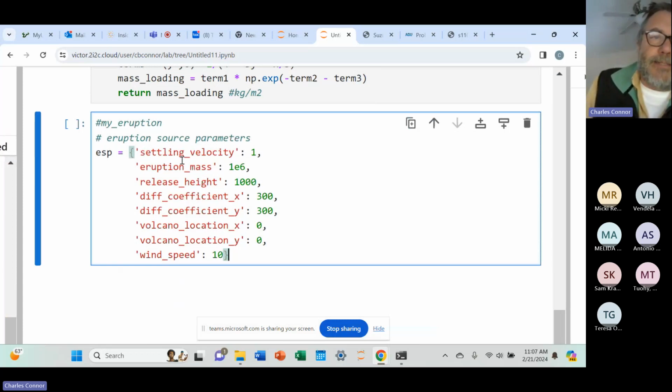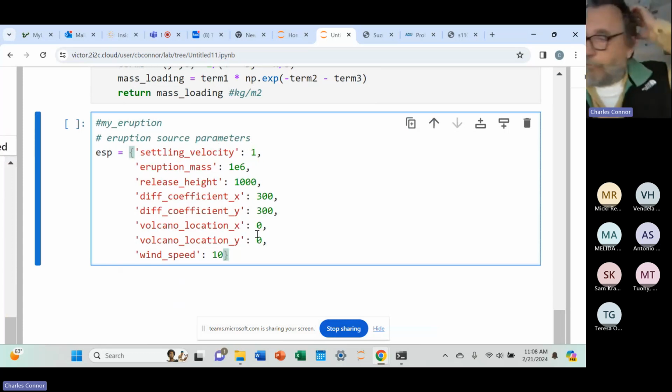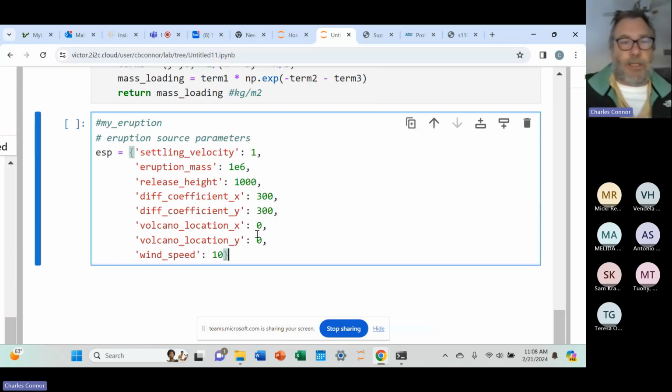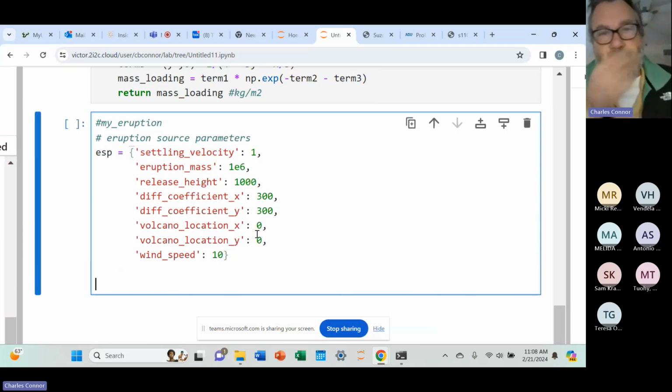And so I'm saying there's settling velocity, mass, eruption mass. Each one of these items in my list is a keyword that makes sense to me as a volcanologist. That's very helpful. And then it's got a value. And the value is just what I'm specifying for my particular eruption, right? So what's left?